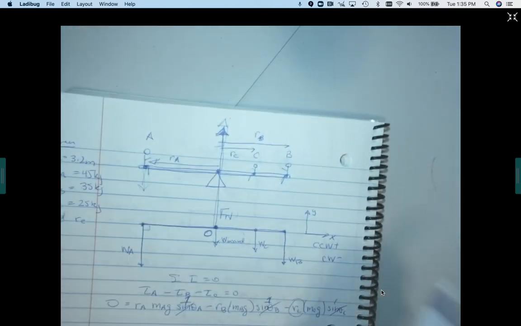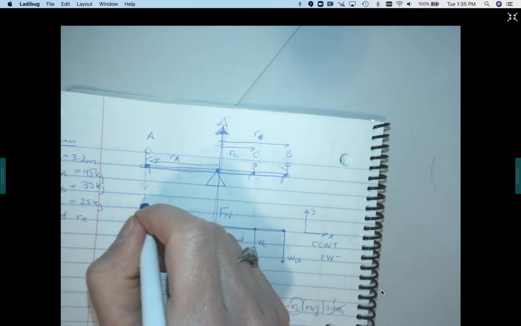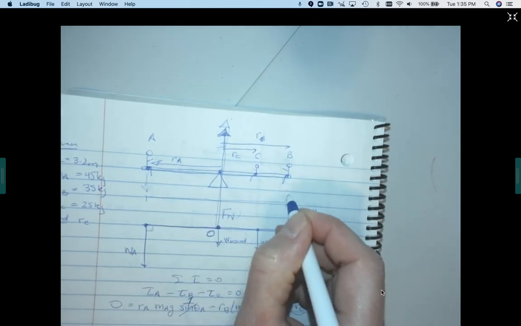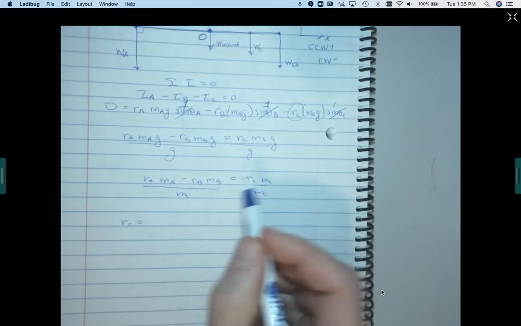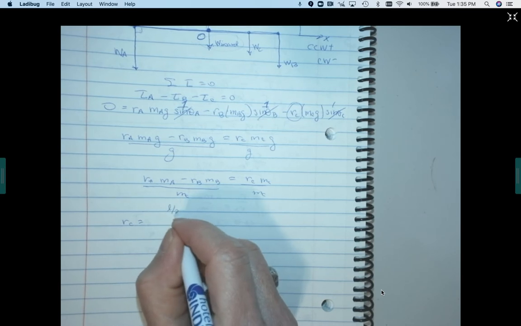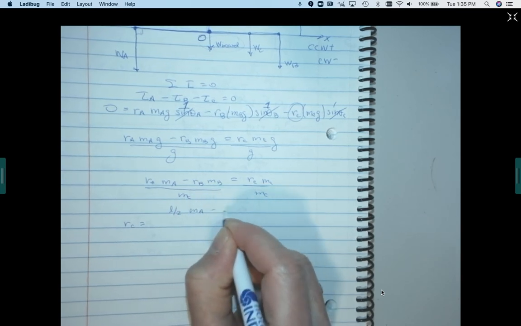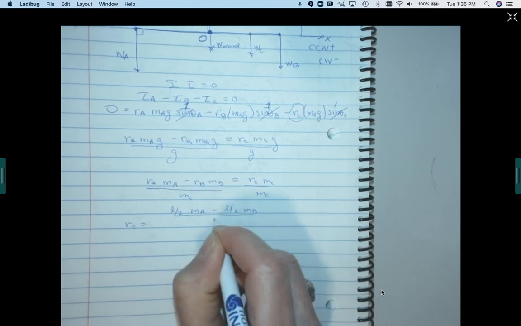Okay, and what are RA and RB? They're actually the same. They are the length of the board divided by 2. So I get L over 2 MA minus L over 2 MB divided by MC.